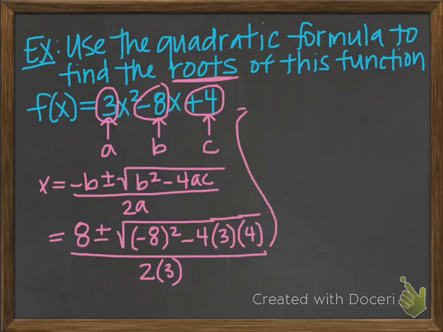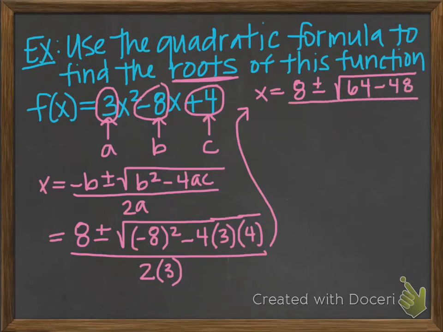I'm going to kind of come up here. So we're simplifying for x. So we've got 8 plus or minus. Let's simplify what's inside the square root symbol. Negative 8 squared is negative 8 times negative 8, which is positive 64. And then let's go ahead and multiply negative 4 times 3 times positive 4, and that is negative 48.